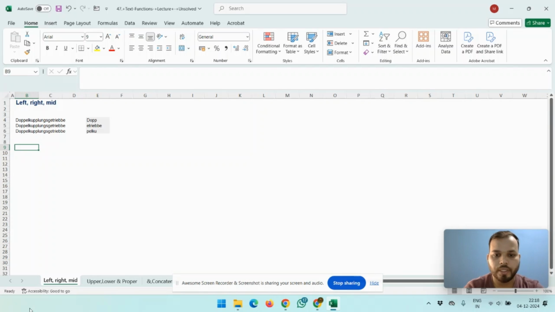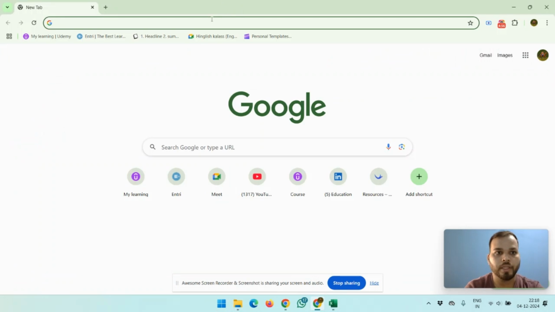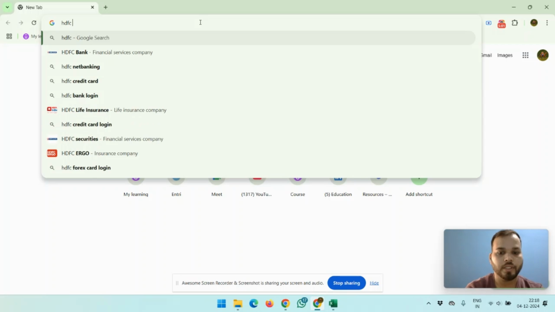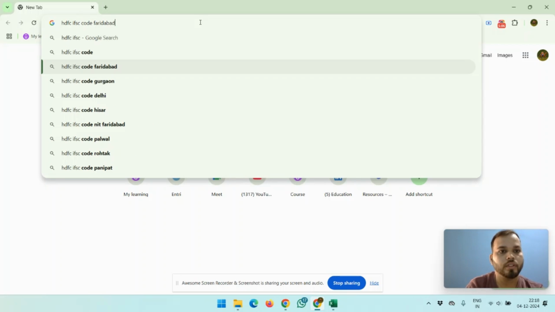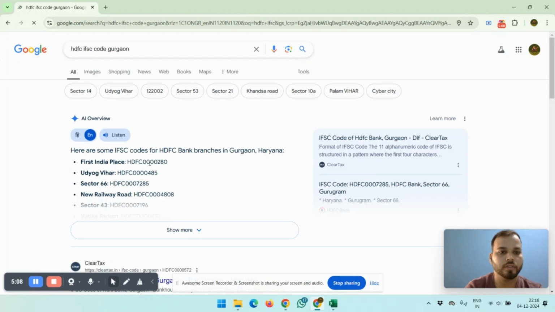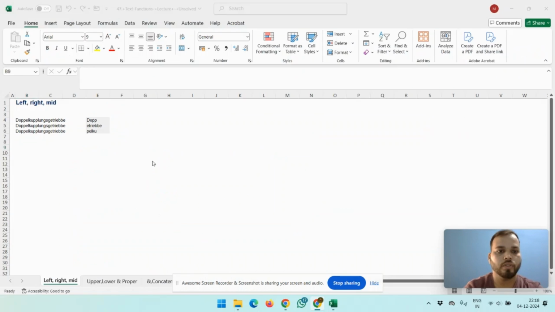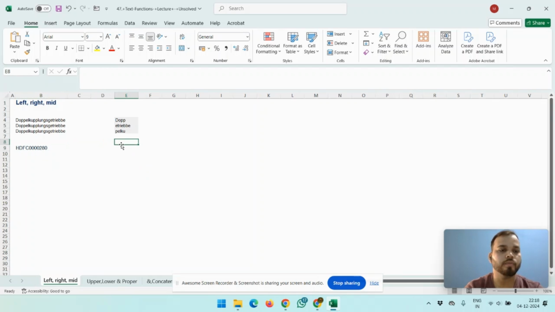Now I'll share one example. Let me find the IFSC code of any bank, say HDFC. Let's assume Gurgaon. Here is the code. Most, maybe 99%, of IFSC codes have 0 as the fifth character.